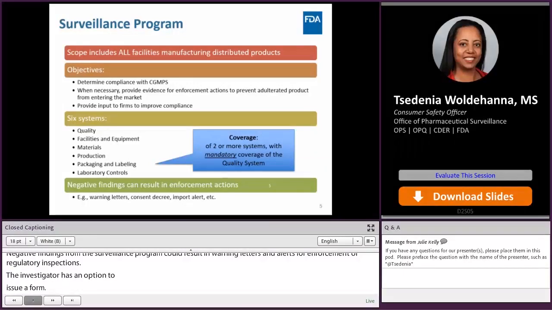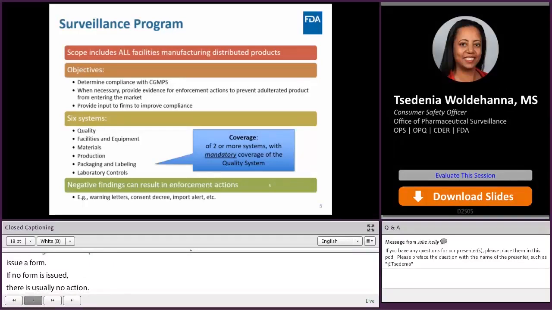If there is an observation or many observations associated with the facility, then based on the significant nature of the observations, the investigator will classify that inspection as either VAI, which is voluntary action indicated, or OAI, which is official action indicated.